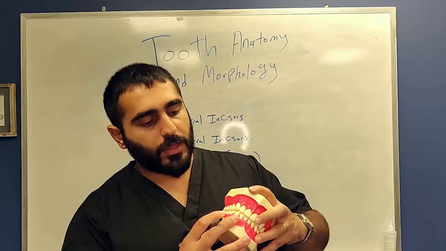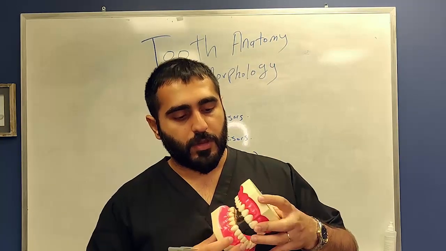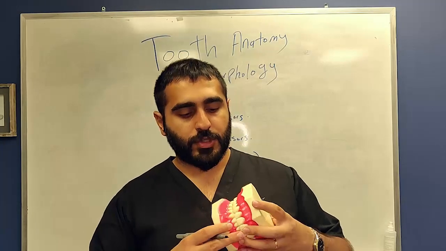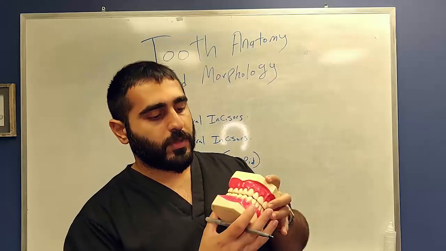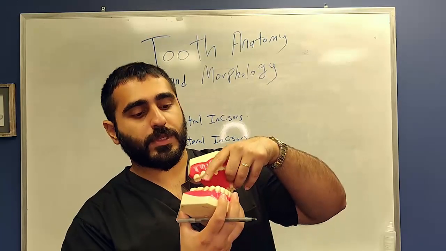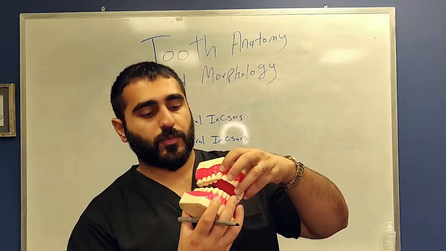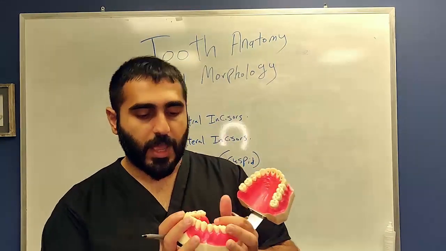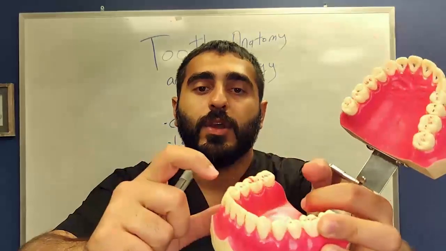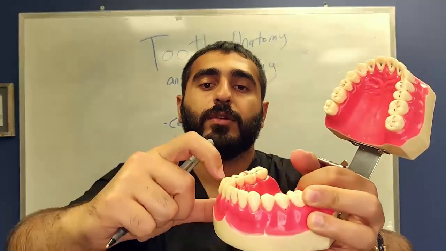Our posterior teeth in the permanent dentition, or adult teeth, we have the first and the second premolars. Again, here we have the first and the second premolars. The premolars are called bicuspids because they have 2 cusps. If you can see here, we have one and another one here.